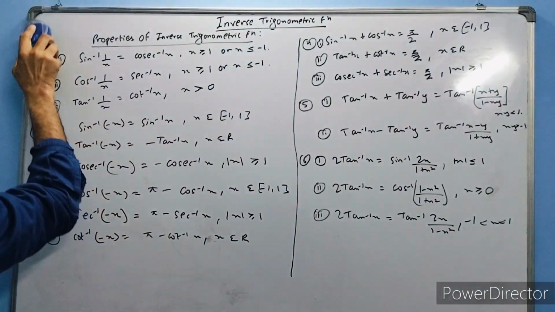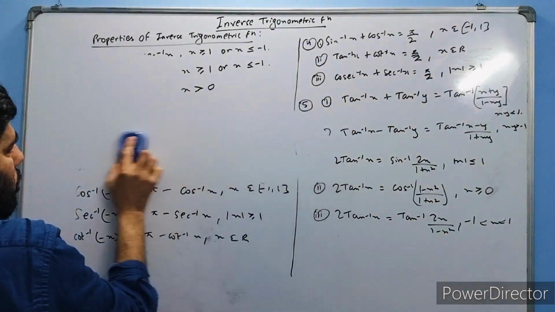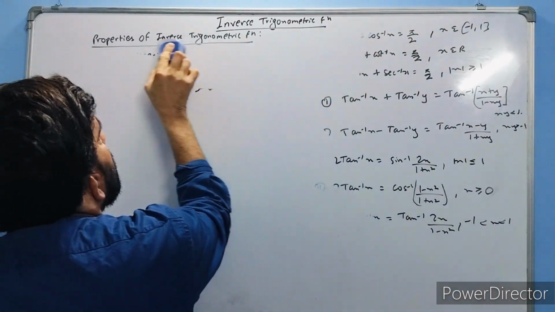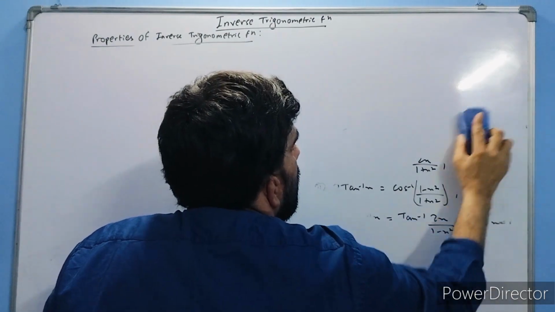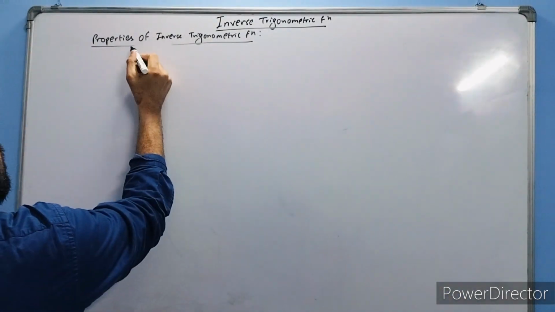So now let us try them in a very simple, easy way. Let us try to solve them in the numericals. Okay, so now how to solve them? Let us see.